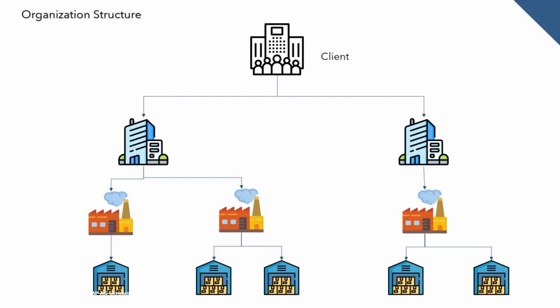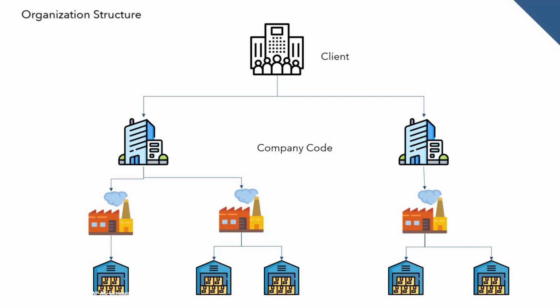The topmost, highest level part of this organization structure is known as client. Let's move on to the next level, that is company code. In the SAP system, or in the SAP MM module, whenever we create this organization structure, we refer to it as company code.